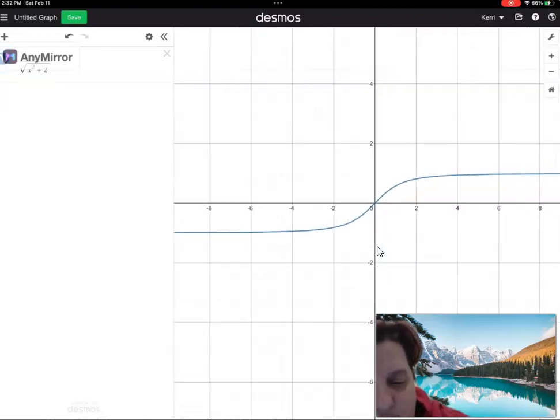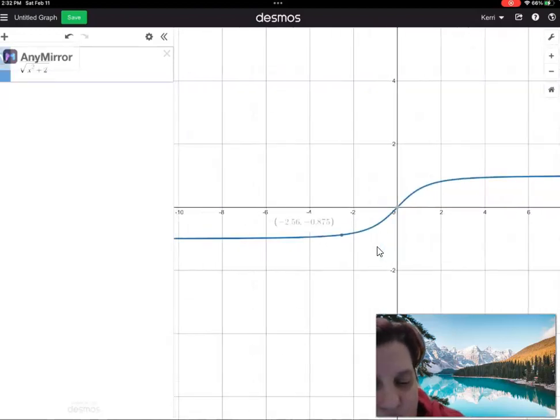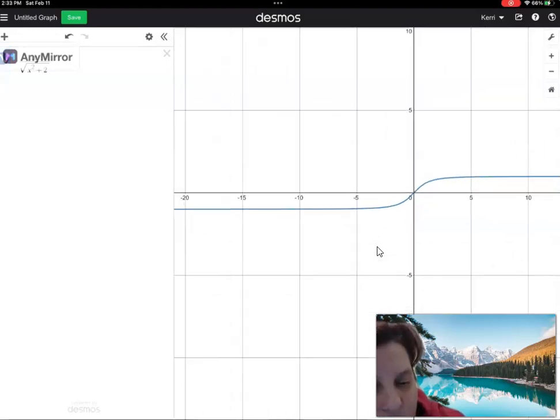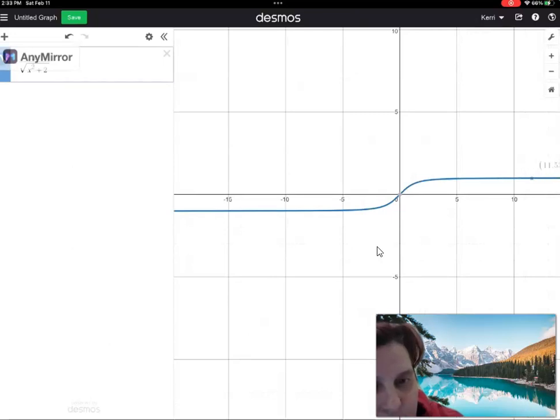Hey, check it out, okay? Constantly increasing, concave up to there, concave down after that, and it approaches 1 on this side, and it approaches negative 1 on this side.